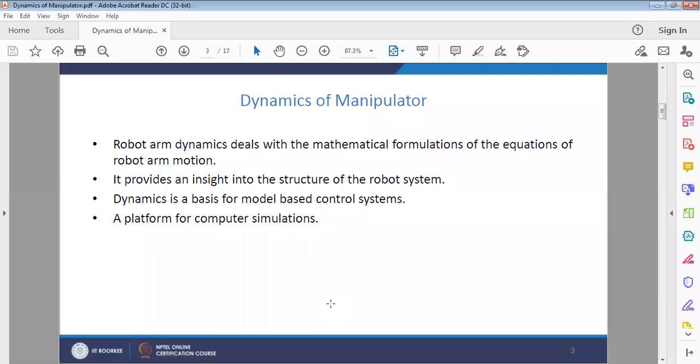Dynamics is also used for model-based control systems. For control systems, we need to take these concepts of dynamics of manipulator. And the dynamics is also used for computer simulations.